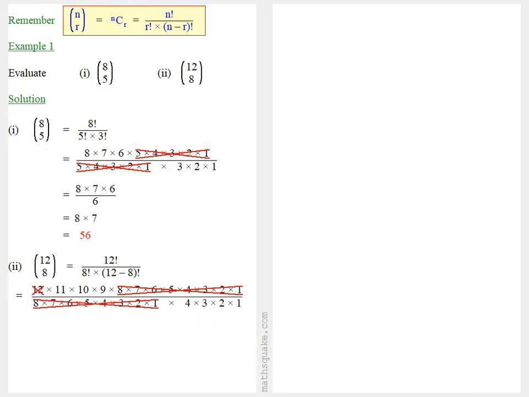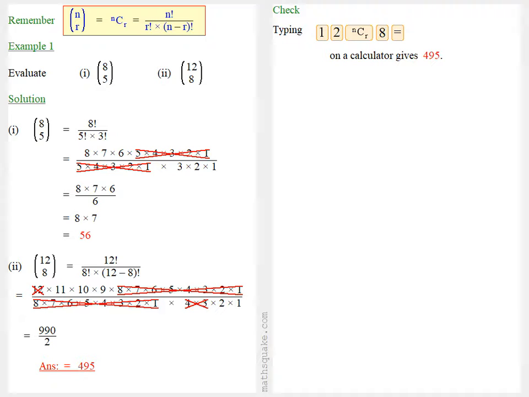And then 12 on the top cancels with 4 times 3 on the bottom. And so we're left with 11 times 10 times 9 over 2 times 1, which is 990 over 2, or 495. Now we can actually check this if we use a calculator. We simply type in 12 nCr 8 equals, and the calculator will give us the answer 495.